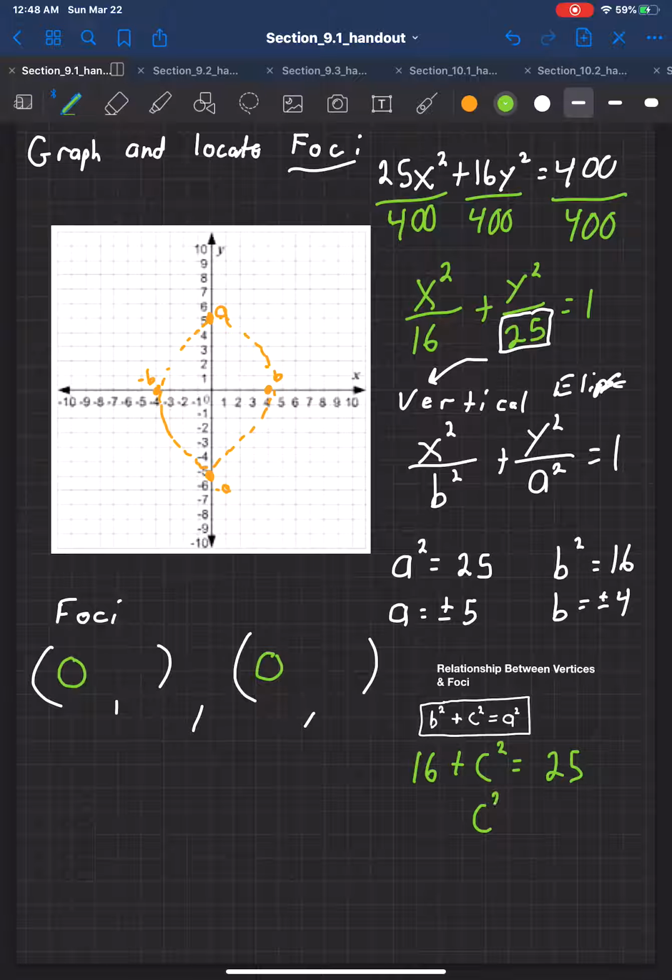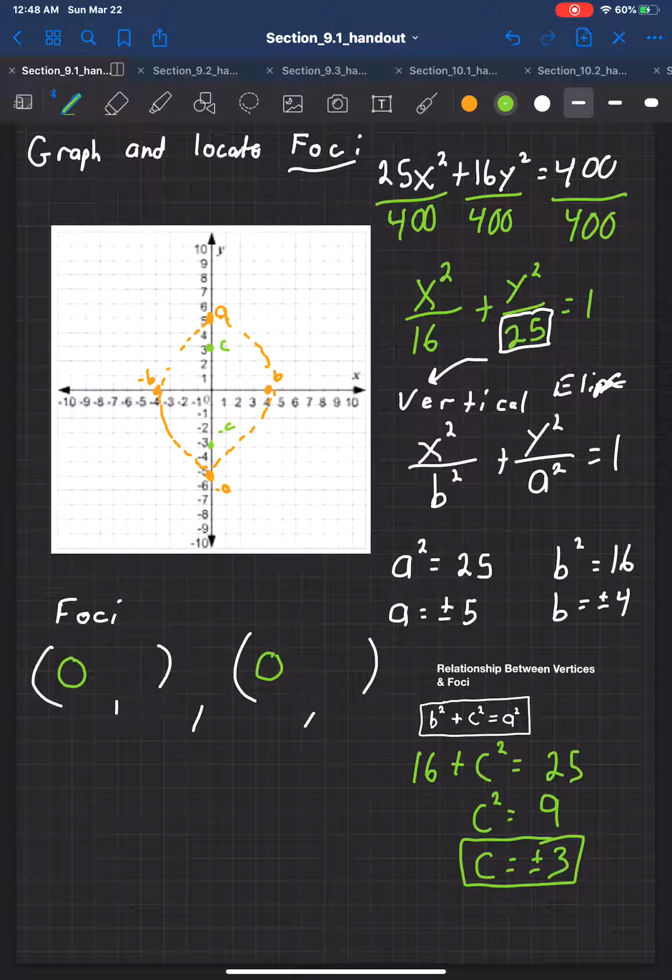This means that c squared is equal to 9, so c is equal to plus or minus 3. I would be going up 3 and down 3, and here are my focal points.